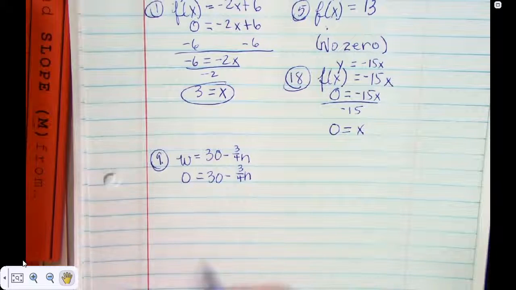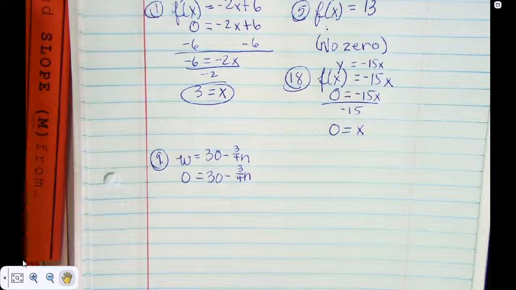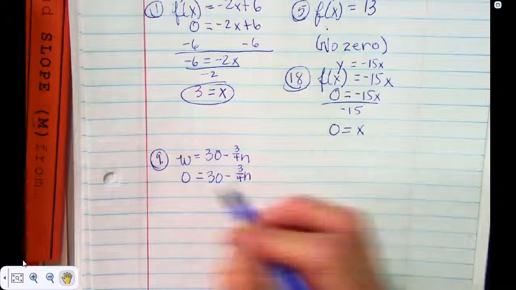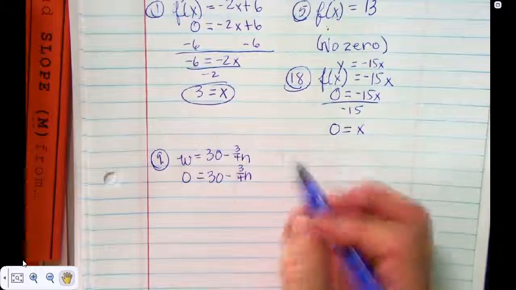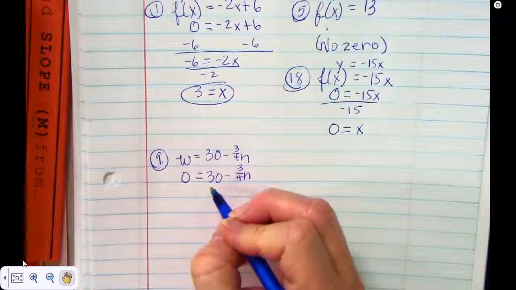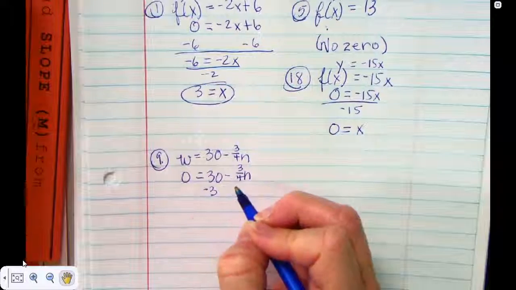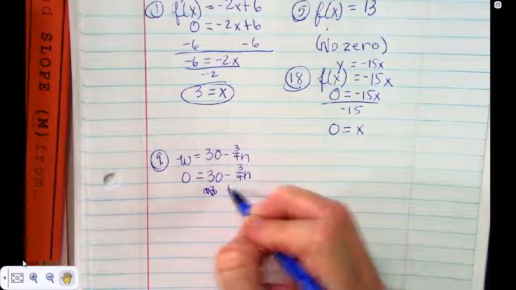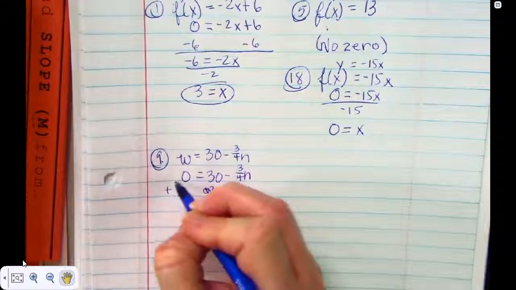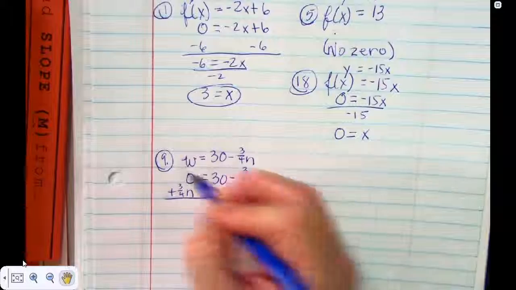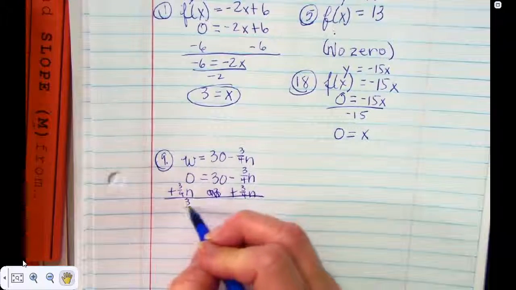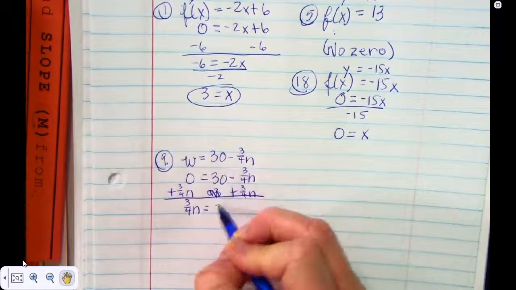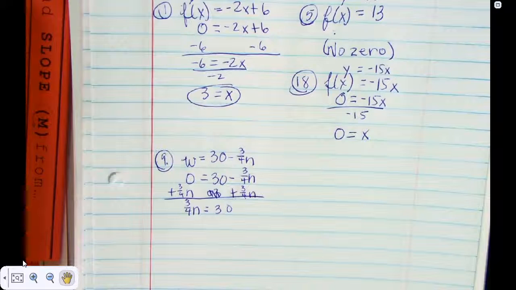Okay? So that would be the x-intercept. True? So all we got to do is solve this. What are we going to do first? I would subtract 30. Well, no, let's add 3/4 n in, since that's 0 right there. So we get 3/4 n equals 30.